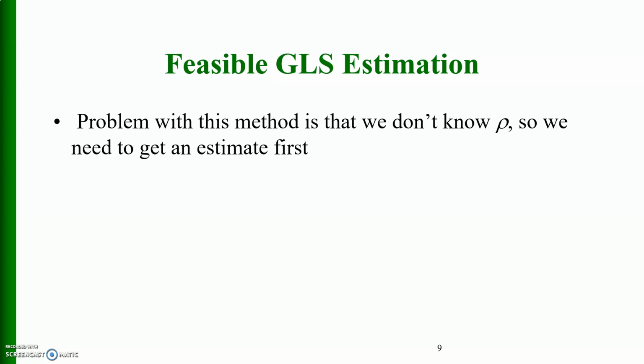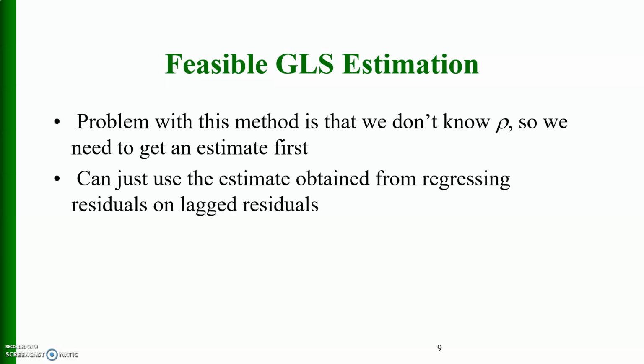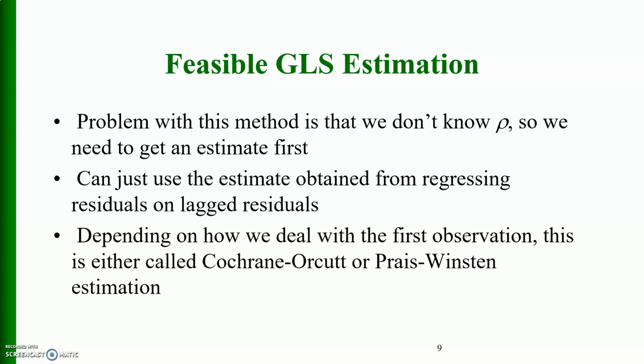Feasible GLS estimation. There is a problem with this method that we don't know rho, so we need to get an estimate first, and we can just use the estimate obtained from regressing residuals on lagged residuals, and depending on how we deal with the first observation, this is either called Cochrane-Orcutt or Prais-Winsten estimation.